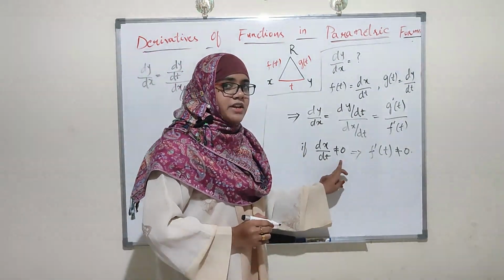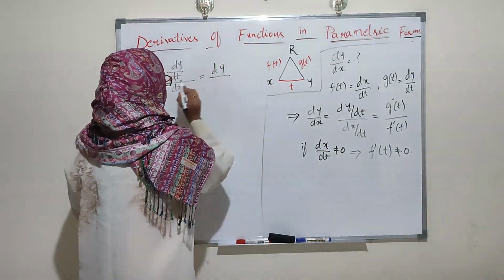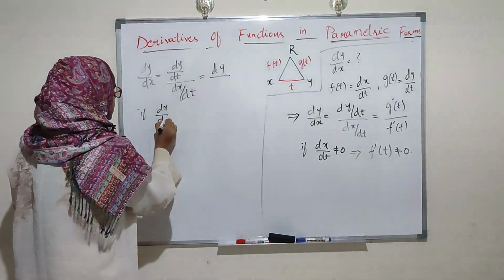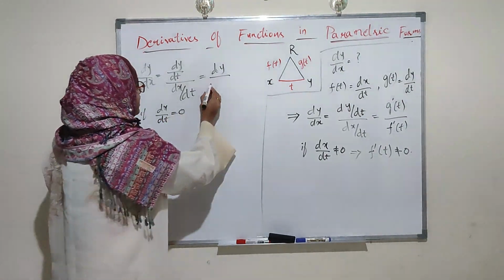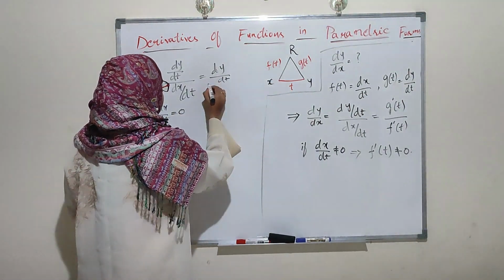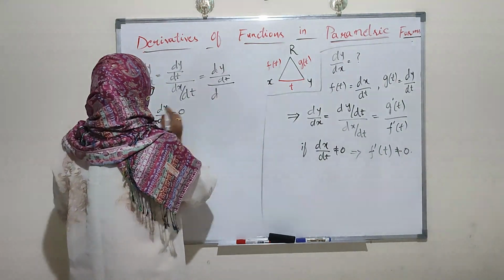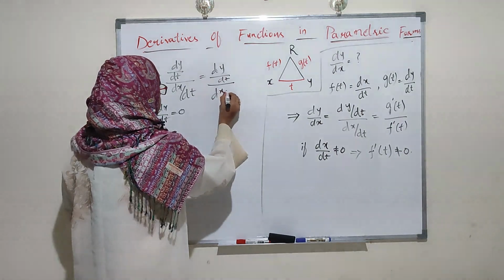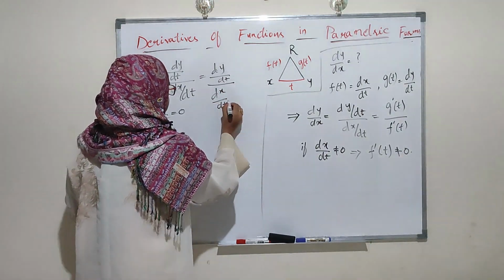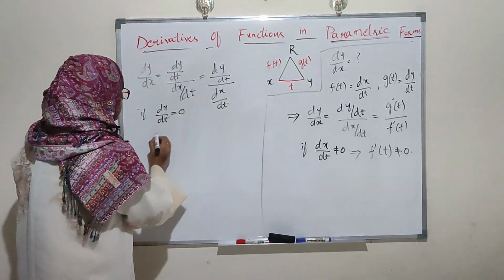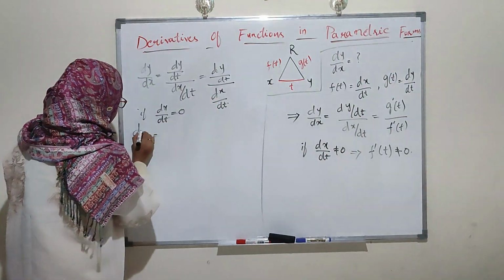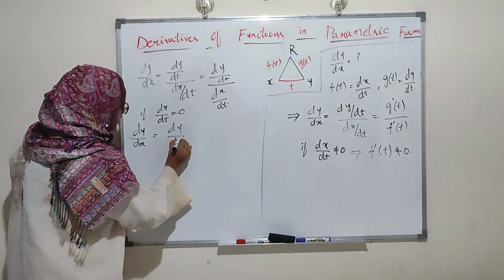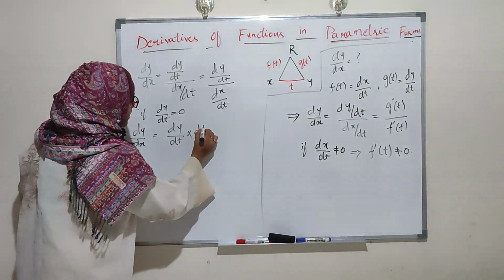Now, if dx by dt is equal to 0, what happened? Here we have dy by dx equal to dy by dt into dt by dx.